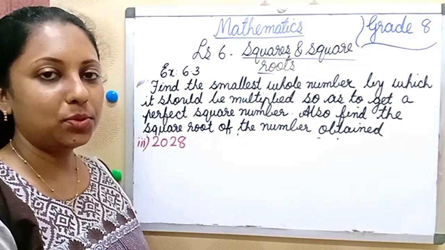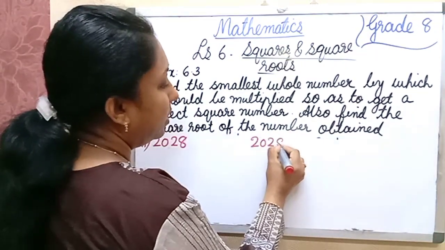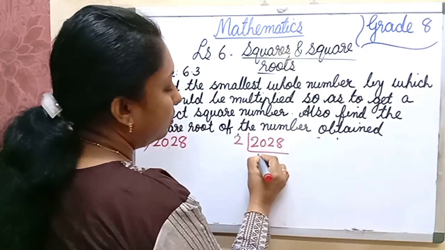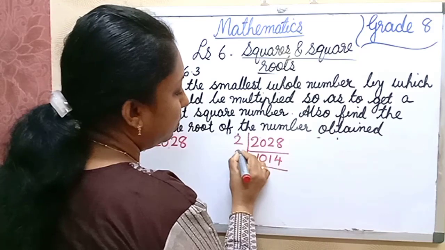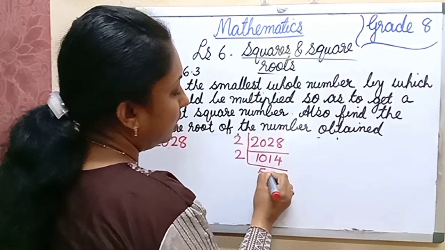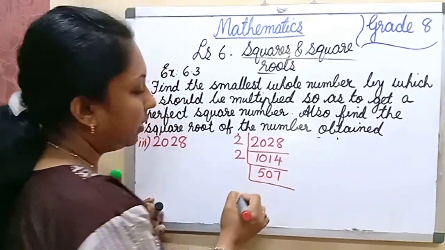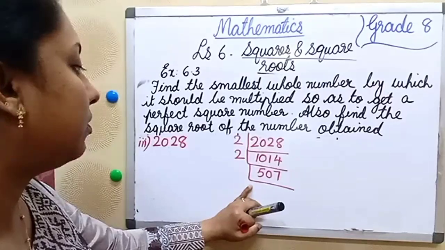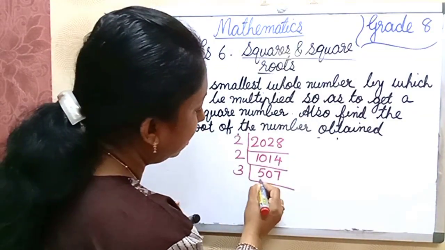Next number, 2028. We can factorize 2028: divide by 2, 1014. Then 2 again, 507. Then 507, which number do we have to divide? 3. 3 ones are 3.